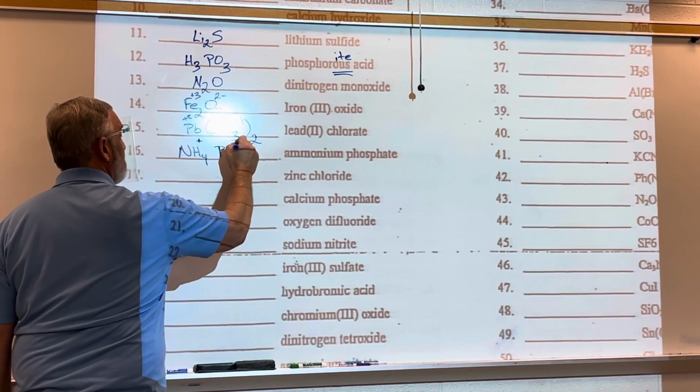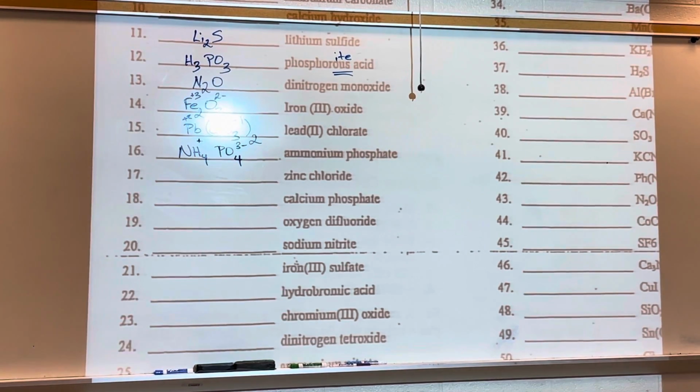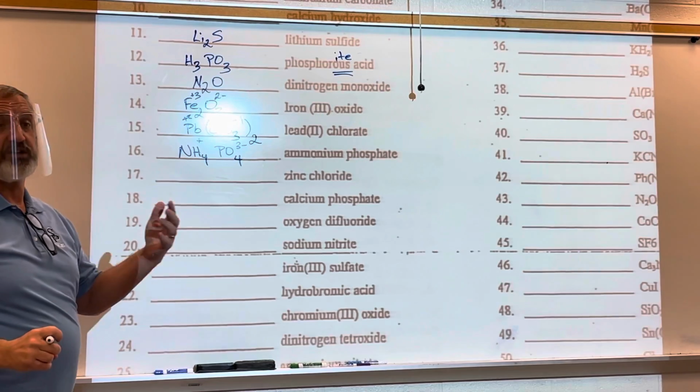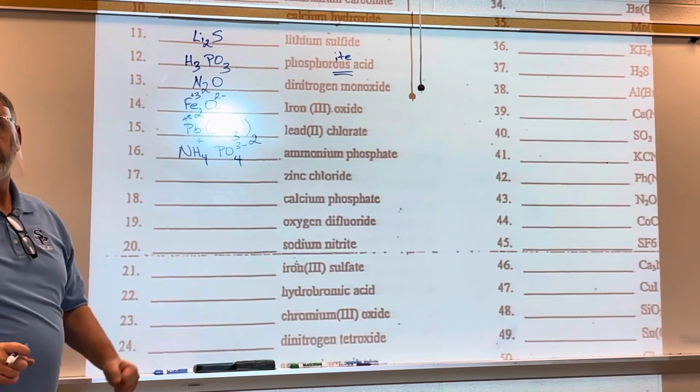PO4 3-. Now again, everything with phosphorus is going to be -3. Anything with arsenic is going to be -3. Anything with sulfur, selenium, tellurium is going to be -2. Anything with chlorine, bromine, iodine is going to be -1. Okay, whether it's chloride, chlorate, chlorite, they're all -1. Sulfate, sulfite, all -2. Phosphate, phosphite, arsenate, arsenite, -3.